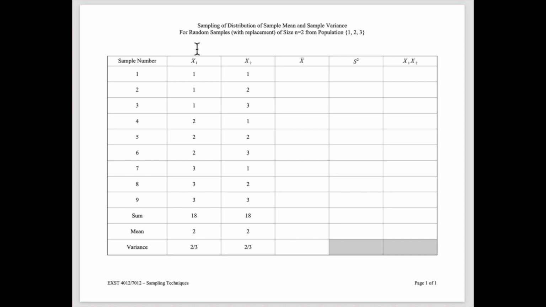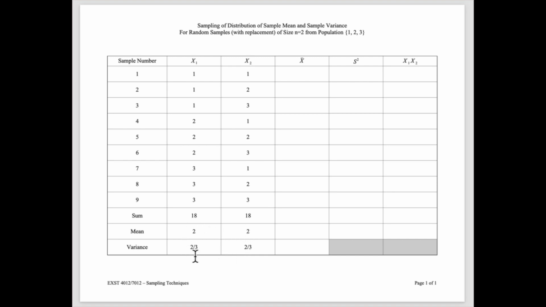We saw that based on the way that we're sampling, the expected value of x1 across all samples was 2. The expected value of x2 across all samples was 2. The variance of x1 across all samples was 2/3. The variance of x2 across all samples was 2/3. This is the way it should be because these are coming from the population.